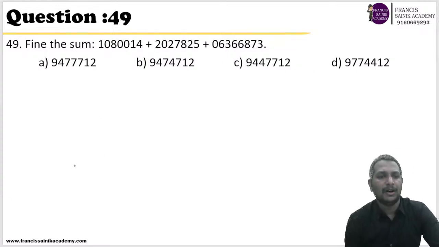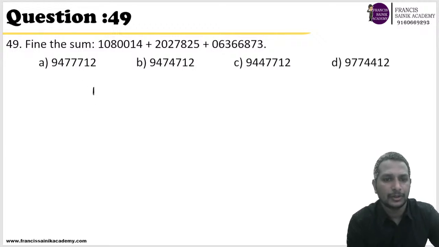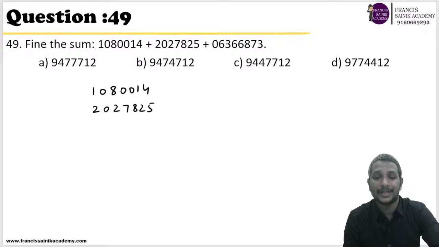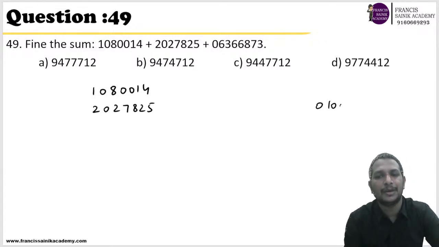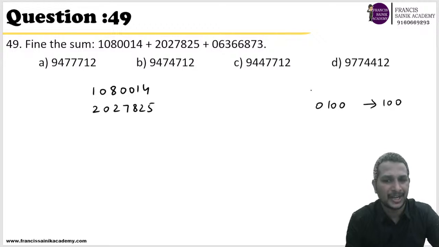Find the sum of the given numbers. The last number, 63, they gave, but still I can write it as 0, right? 00, 100, both are right.